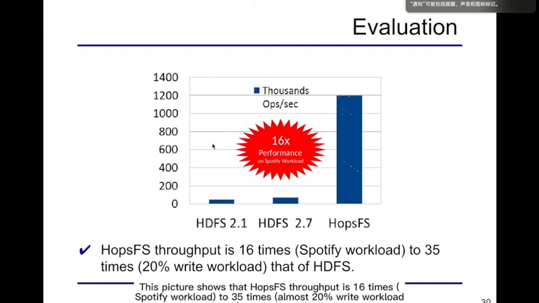This picture shows that the HopsFS throughput is 16 to 37 times that of HDFS for the Spotify workload, including the workload with almost 20% writes.